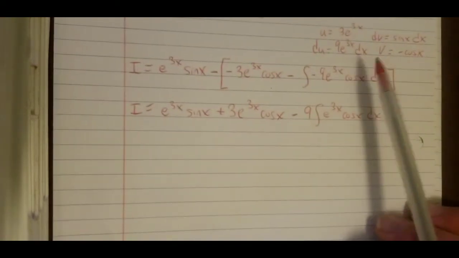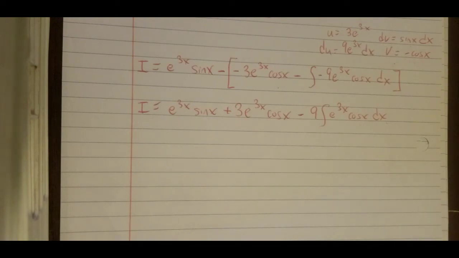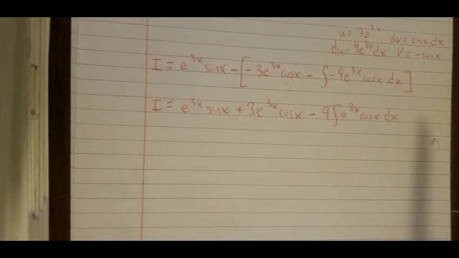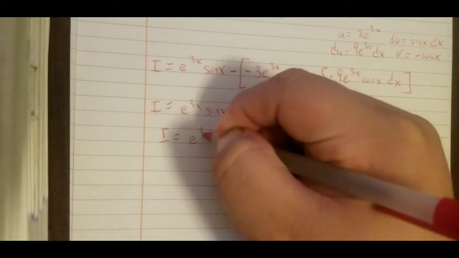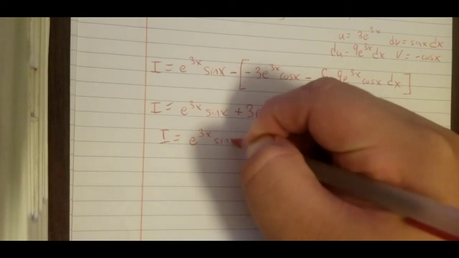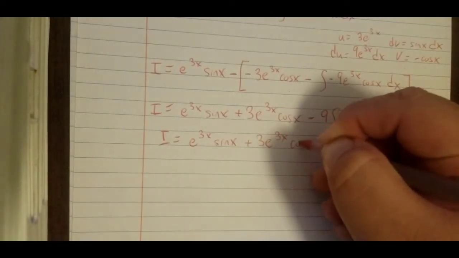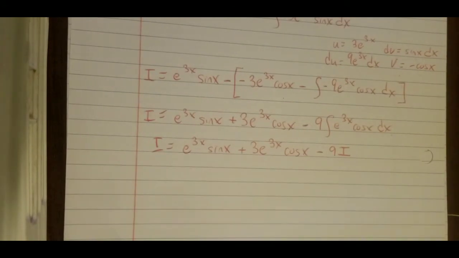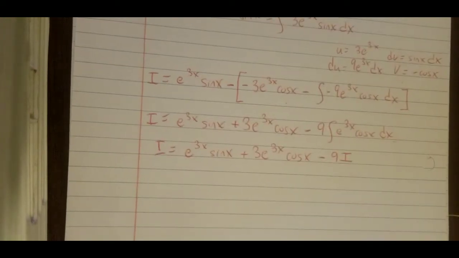And so, in being consistent with our integration by parts, that same integral has shown up again in our steps here. And so what this means is I can go ahead and just substitute that part for I. And now I've got what looks like a typical algebra equation, because I've got 9 times my integral, so I've got 9 times I here.